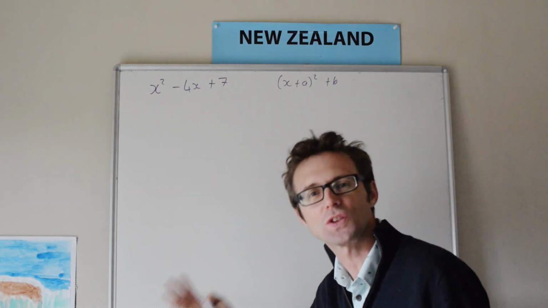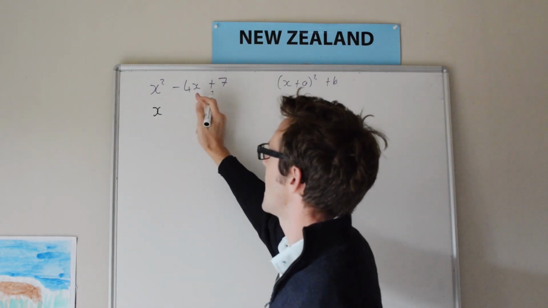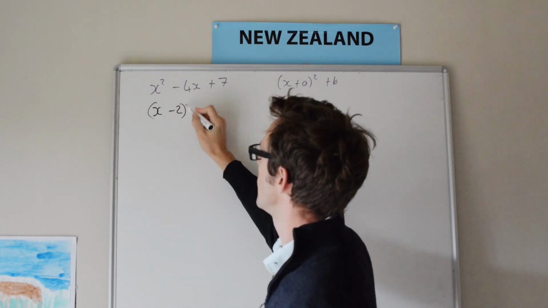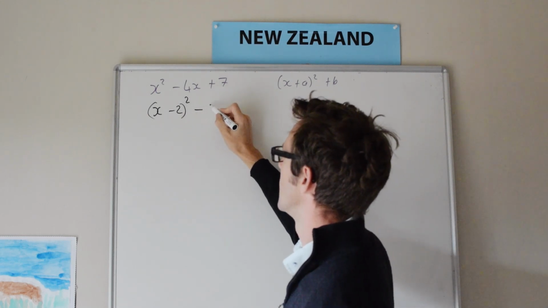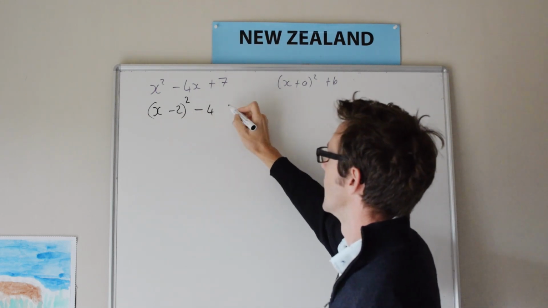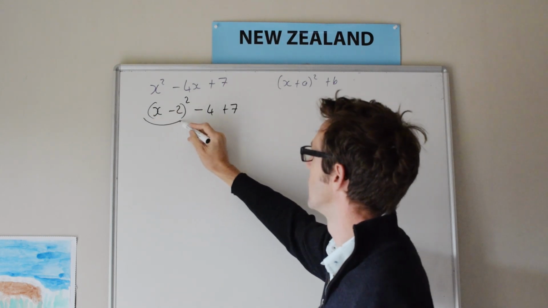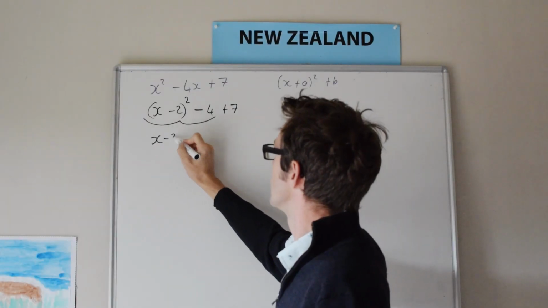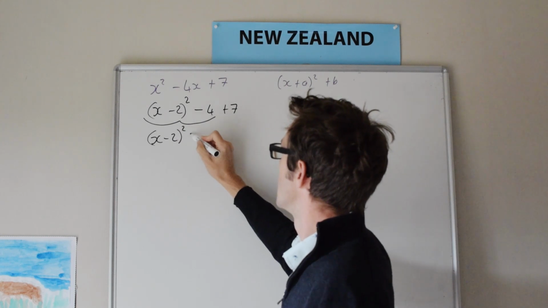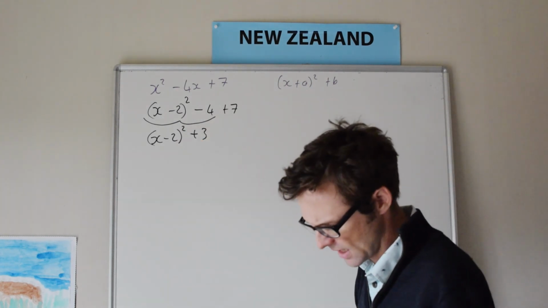So this of course is completing the square. First step, half this minus 2, square it, and then subtract off this minus 4, plus our 7 that we've already got. So this bit here is that bit there, and then the 7 is that bit there. So the final answer for this one will be plus 3. So we've put it in that format.